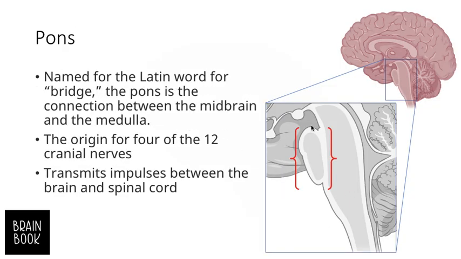About pons. Pons is another part of the brain stem which is named as a bridge in Latin, and it is the connection between the midbrain and the medulla here. It is the origin of 4 of our 12 cranial nerves and transmits impulses between the brain and spinal cord.